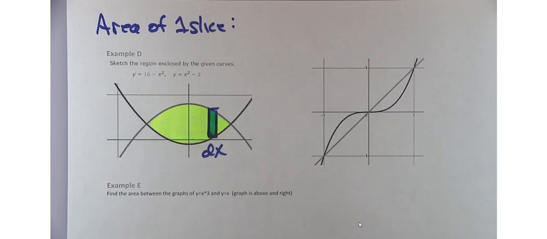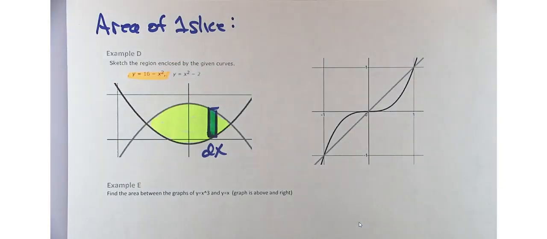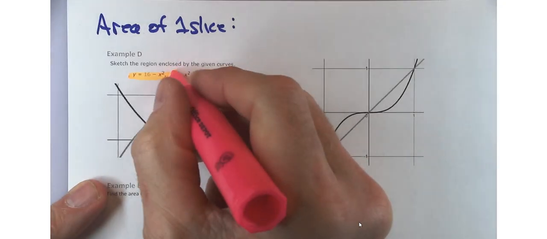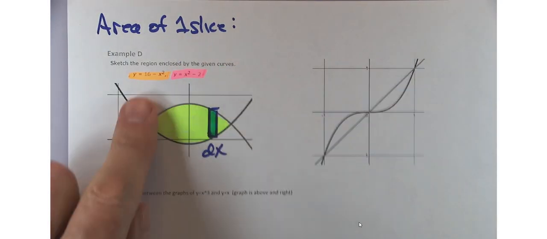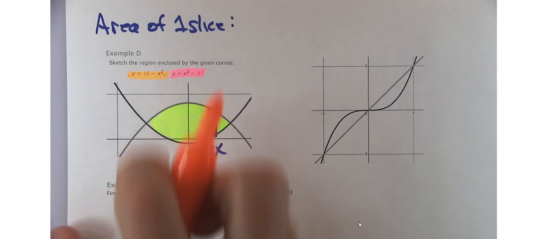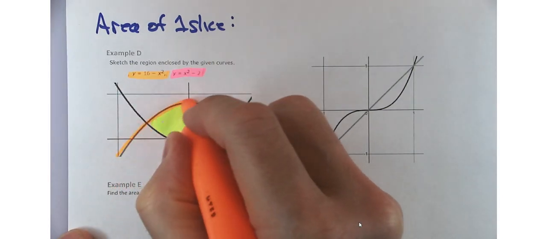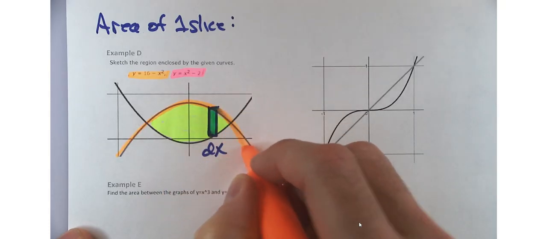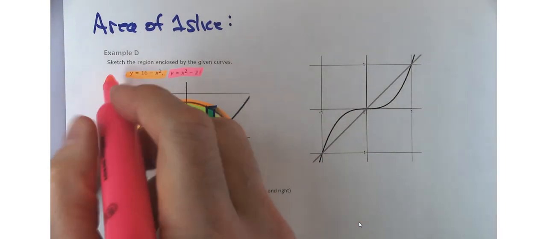Well, I guess it's helpful to make sure you know which one's the top and which one's the bottom function. So let's add that to our little picture here. Which one's the top function? The orange one or the pink one? The orange one. Yeah. You're going to have a parabola that faces down. So that's this one here. And then the other one's a parabola that faces up. That one there.